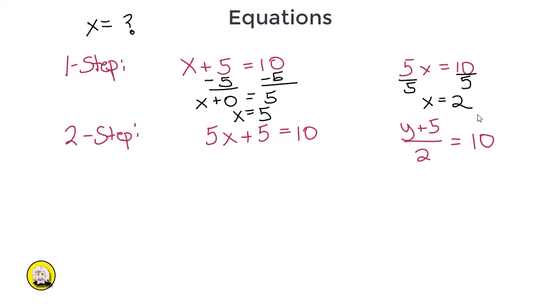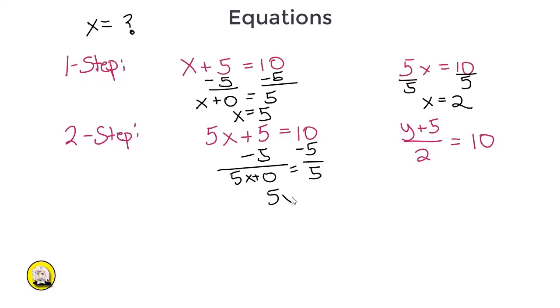Let's increase the complexity to a two-step equation. 5x plus 5 equals 10. We'll try a combination of those approaches we just looked at. I'll subtract 5 from both sides to start off to eliminate the constant value that's on the same side as the x. And that, of course, becomes 0. 5x plus 0 equals 10 minus 5, or 5.